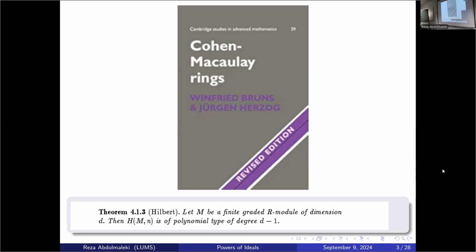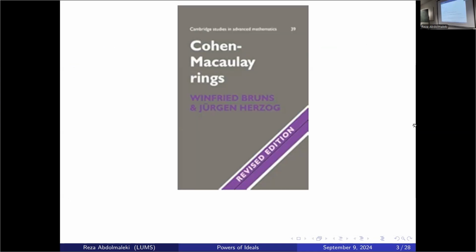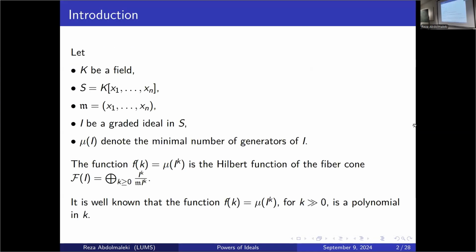Okay, let's go back to our story. Now since this is the Hilbert function of this K-algebra, we can say that f of k, which is mu of I^k, is a polynomial for large enough powers k.